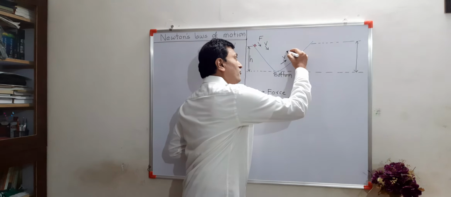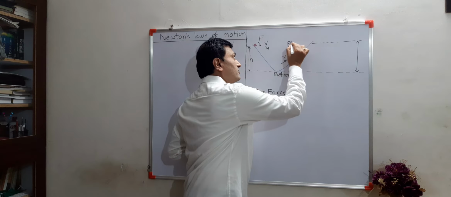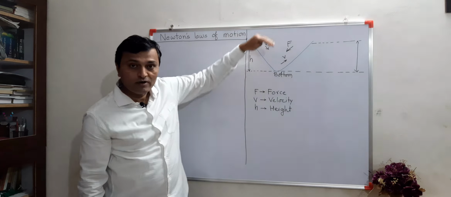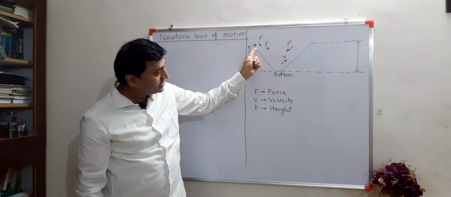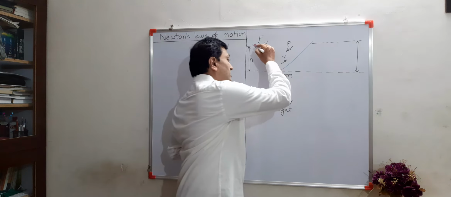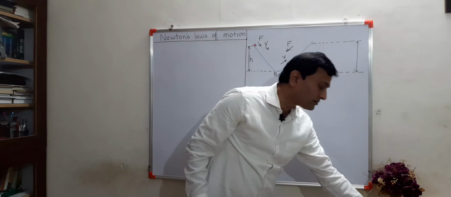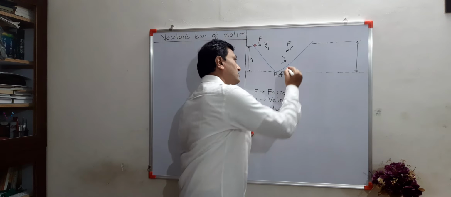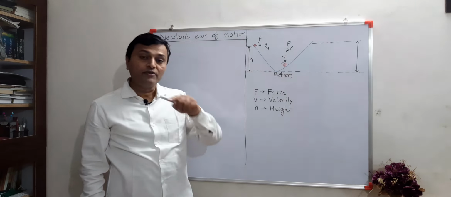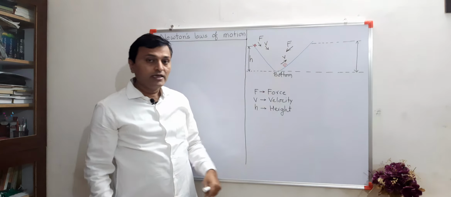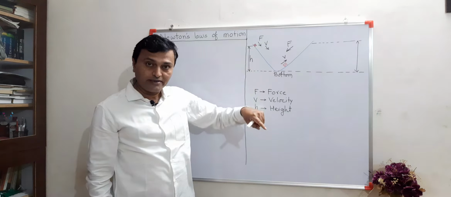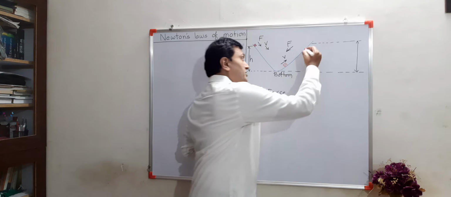Means the direction of force is opposite. You can observe the direction of force is downward, but in this case velocity is downward, and in this case velocity is upward. Means this object will move in the upward direction with decreasing velocity and it will stop at a particular point. If there is no friction, then it will achieve the same height as before and it will reach this point.